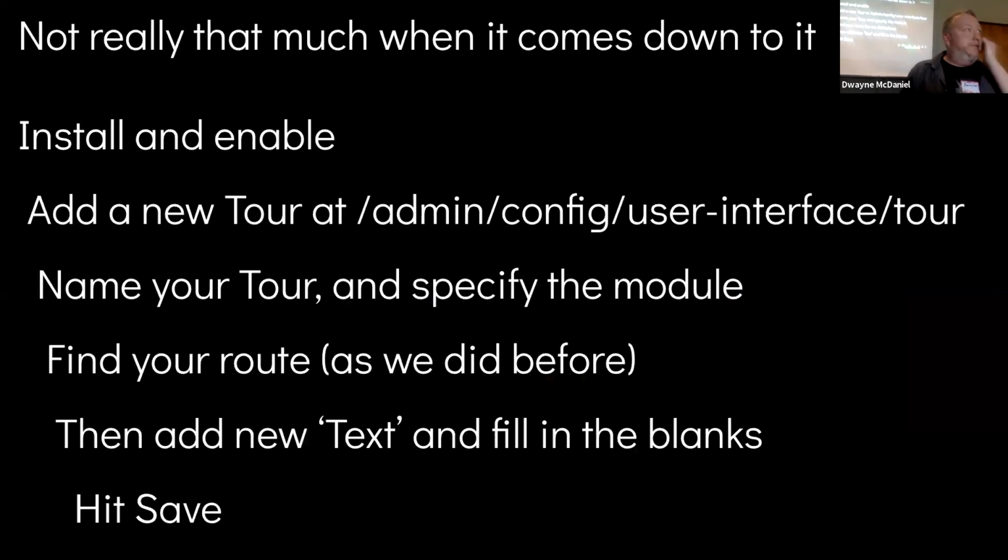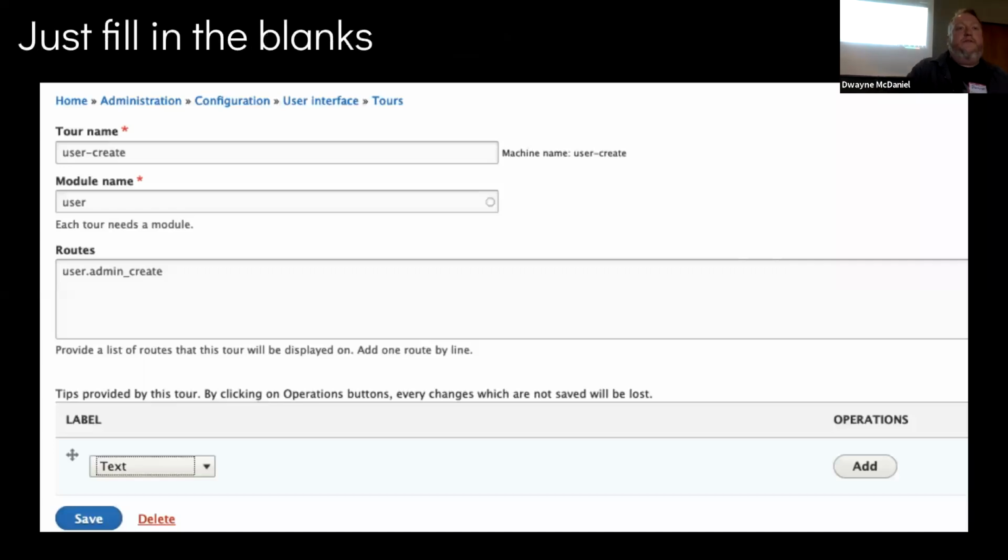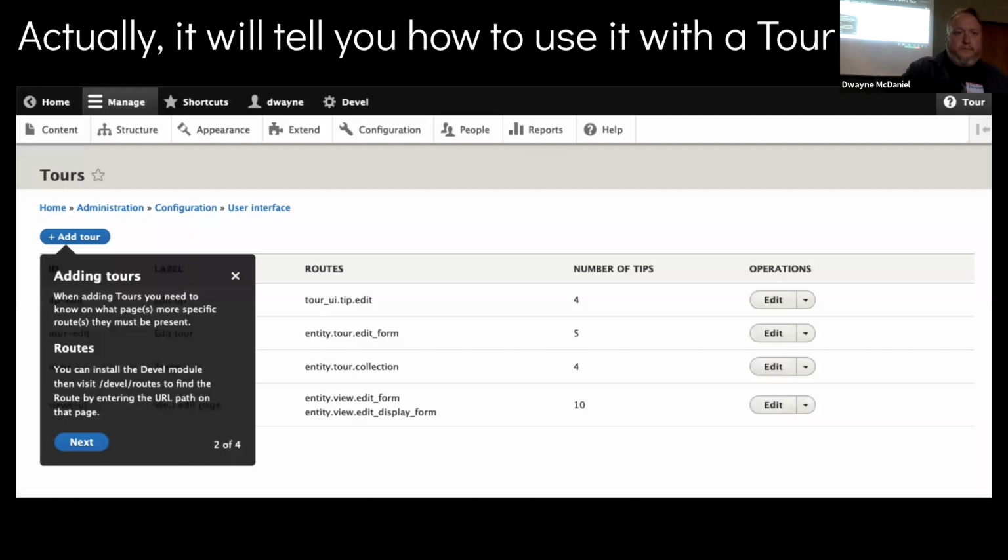It's install and enable, which you're going to have to do if it's a module. Then just go to that interface, add the tour, specify it, add your routes, then hit add new text, because text is the kind of plugin it uses, and fill in the blanks. That's it. Literally where it points to things.